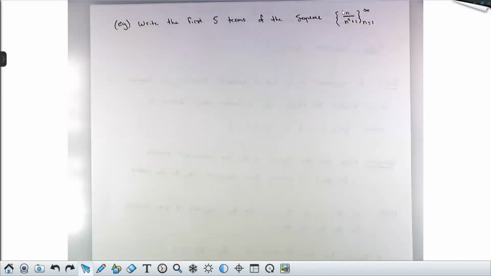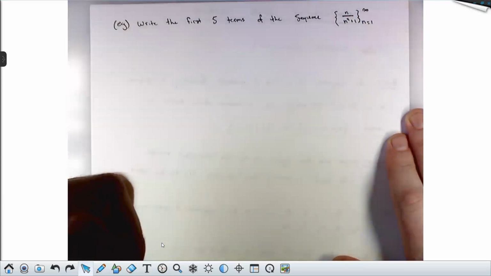So the terms are, where a_n is n over n squared plus 1, and n starts at 1, goes on forever. Okay.